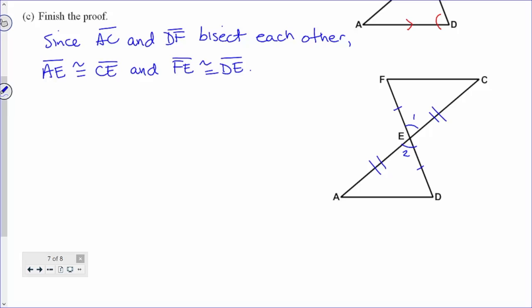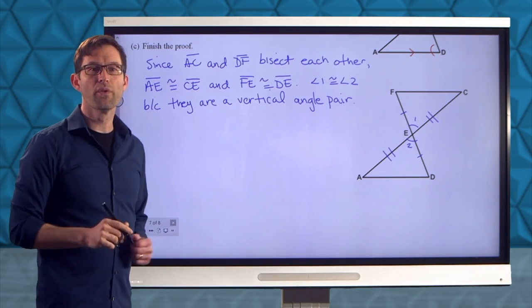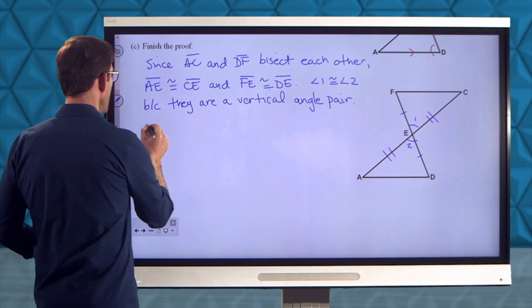All right, side and a side. Angle 1 must be congruent to angle 2 because they are a vertical angle pair. All right, but that's enough to prove those two triangles are congruent.